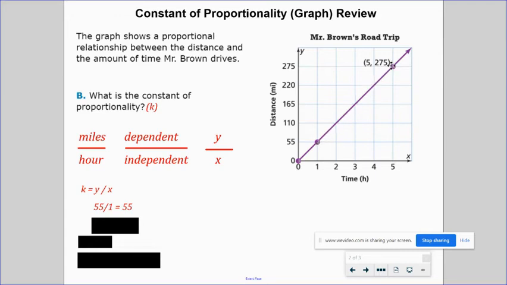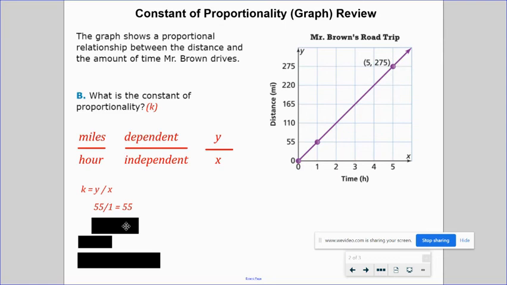The other ordered pair, besides the origin and (1, 55), is (5, 275). Which is our x coordinate and which is our y coordinate? Because we need to divide y divided by x using this piece of information.